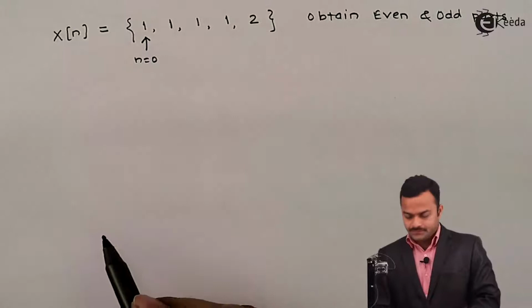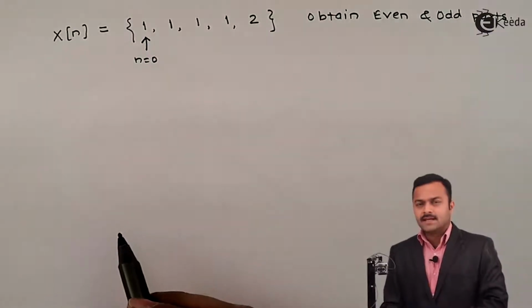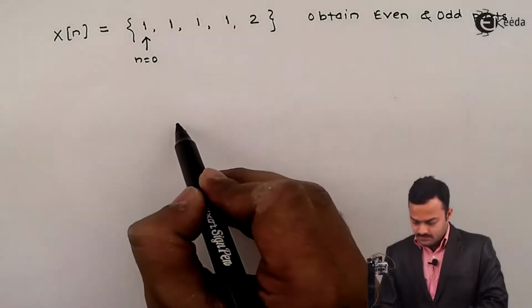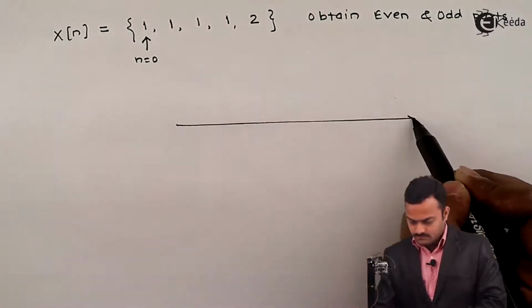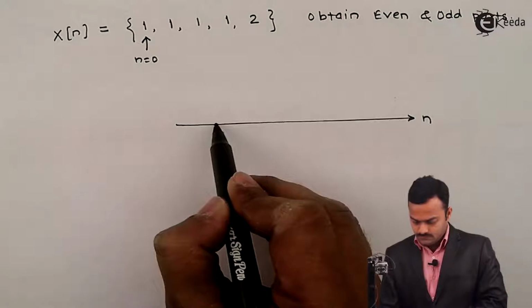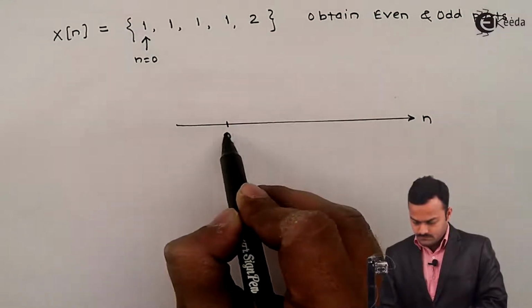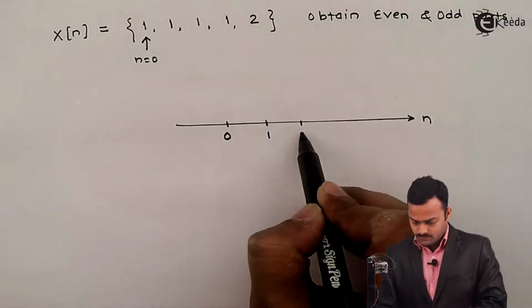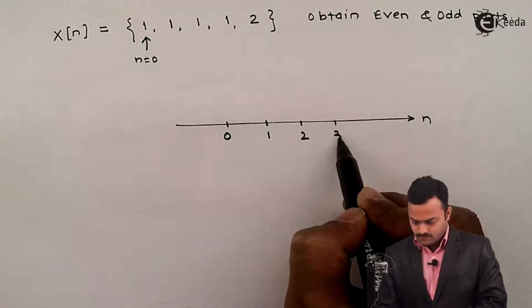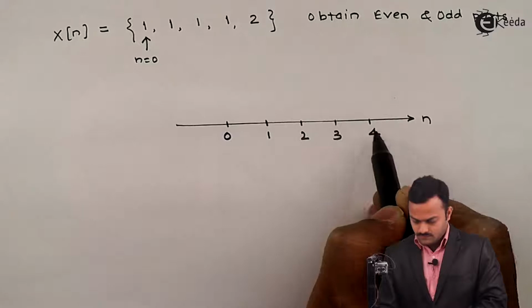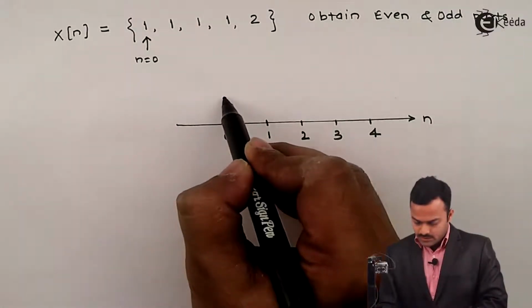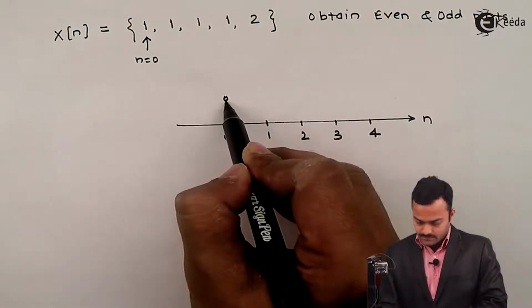So let's find out. The first thing is that we need to plot the signal x of n. So the signal will be like this. For n equal to 0, it will have the value 1.